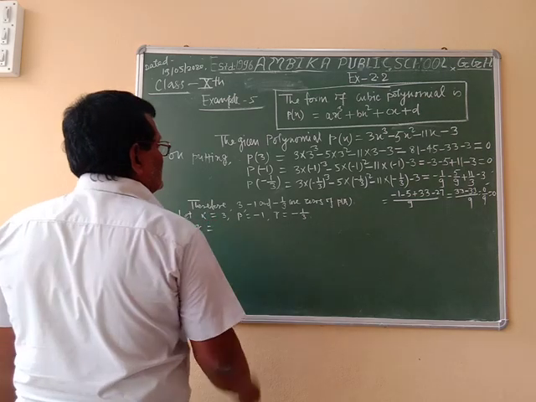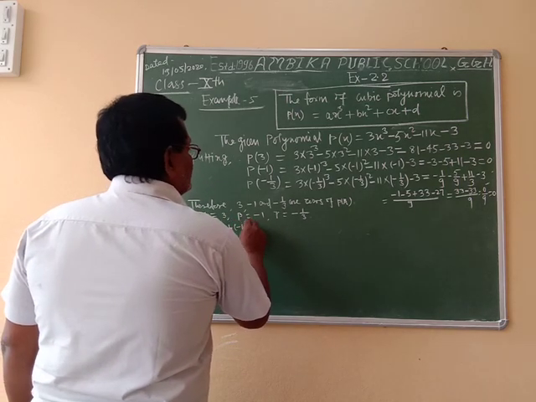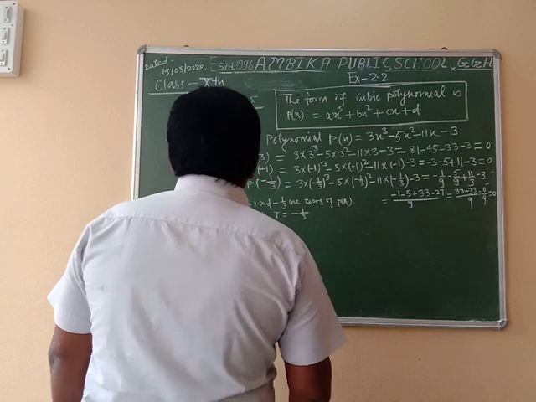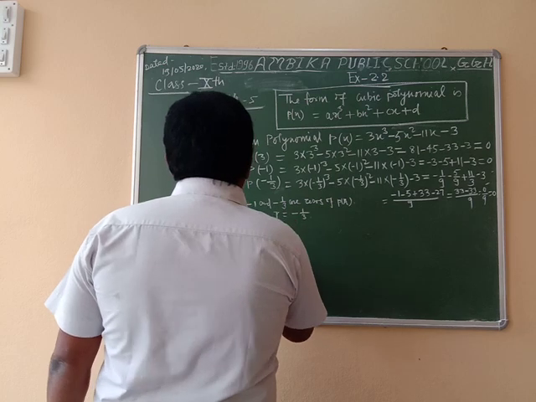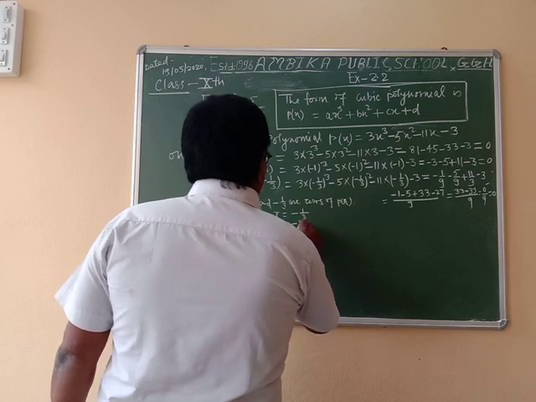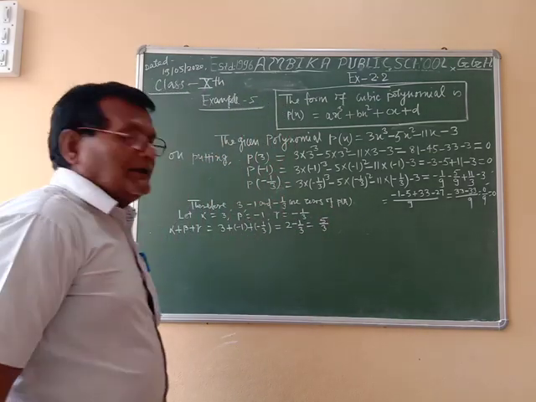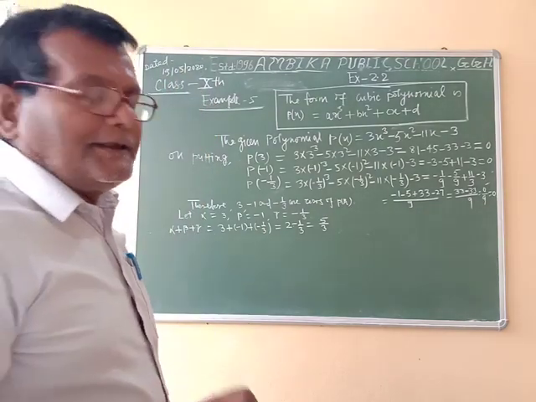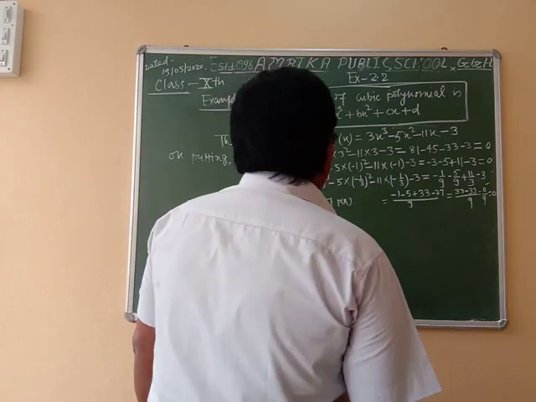Alpha plus beta plus gamma is equal to 3 plus minus 1 plus minus 1 by 3, which is equal to 2 minus 1 by 3, equal to 5 by 3. Alpha plus beta plus gamma is equal to 5 by 3.